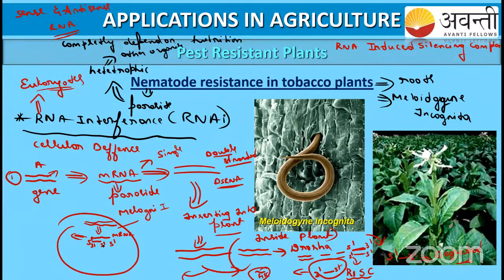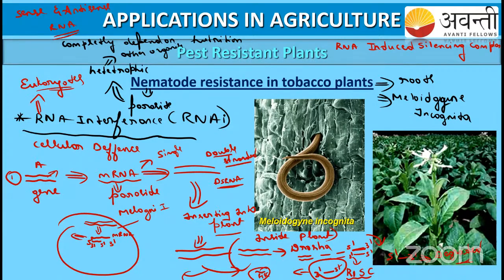Whenever this Meloidogyne ingests this, this single stranded RNA along with the RISC complex will go and bind to this mRNA. I have told you, in the body of this parasite the mRNA is synthesized, and that is going to give a specific protein, right?